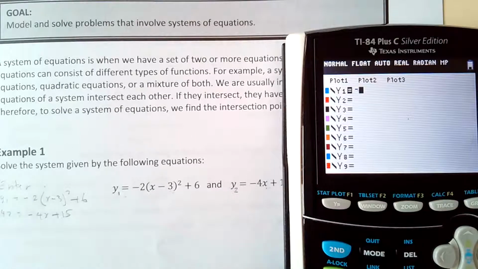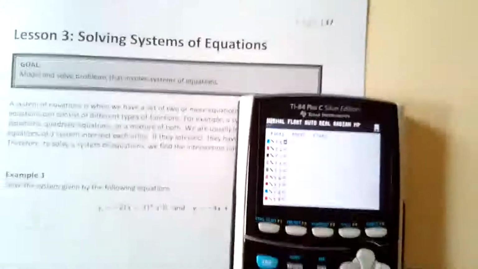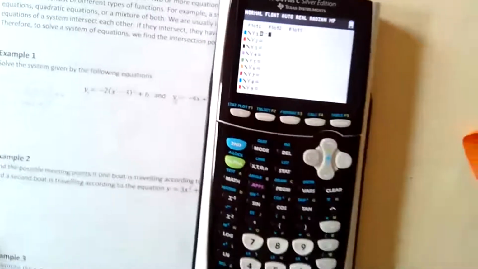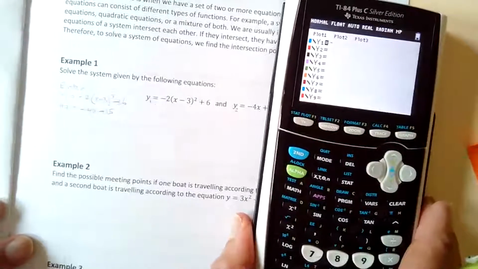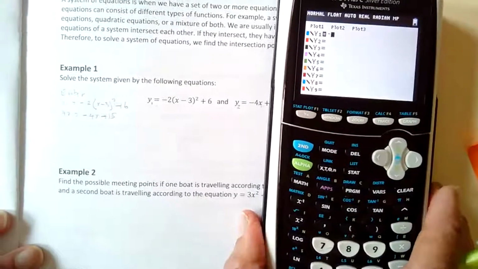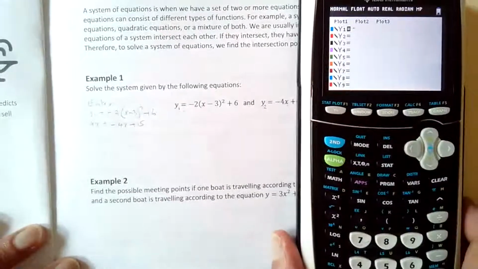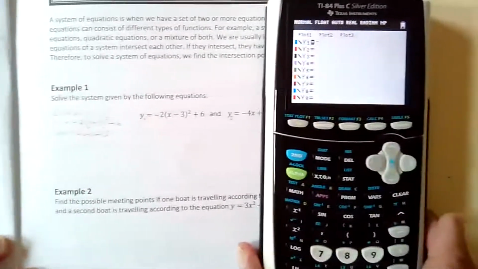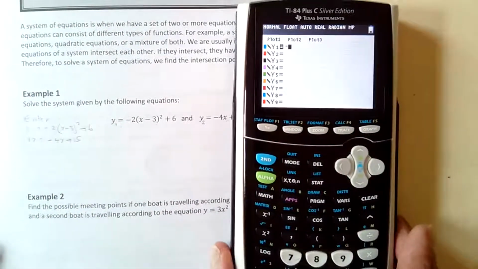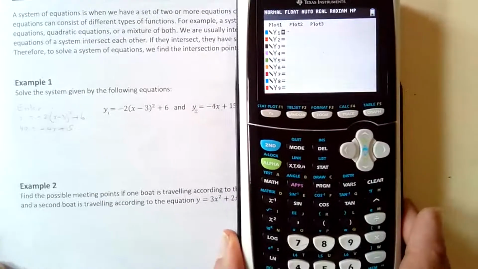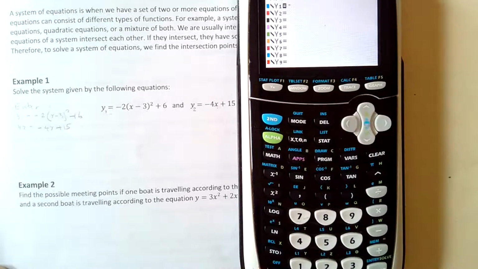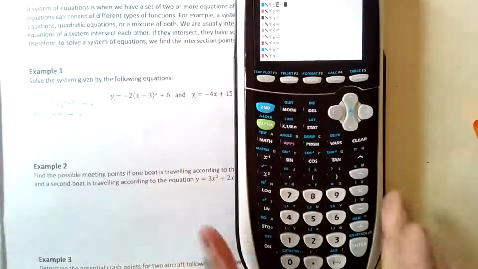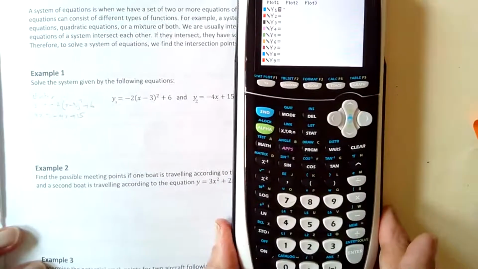Always remember to use your negative key, rather than the minus key.